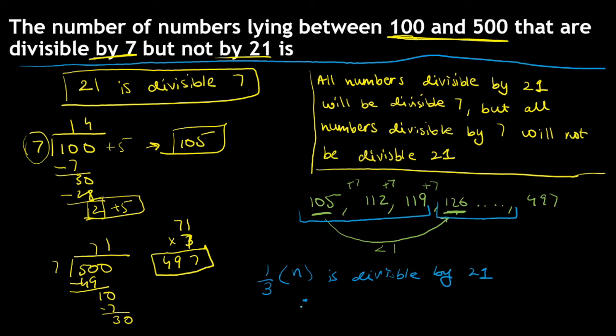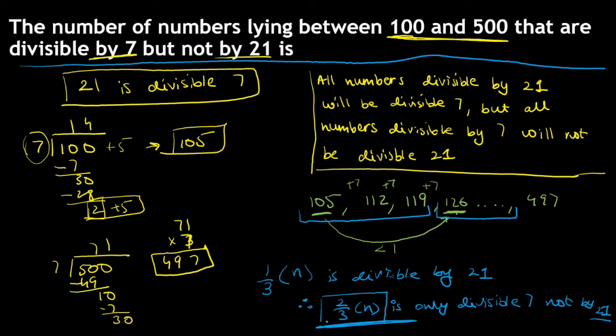Therefore, two-thirds of n is only divisible by 7 and not by 21, and this is what we're looking for. This 2n by 3, or two-thirds of n, will give us our answer, right?